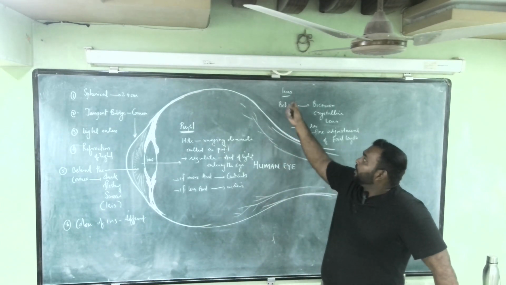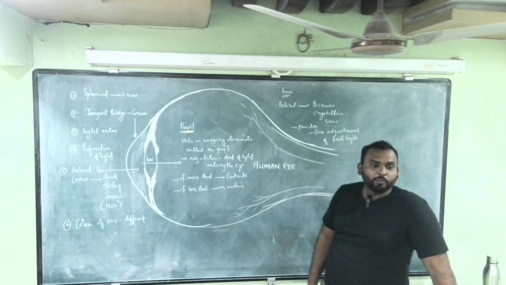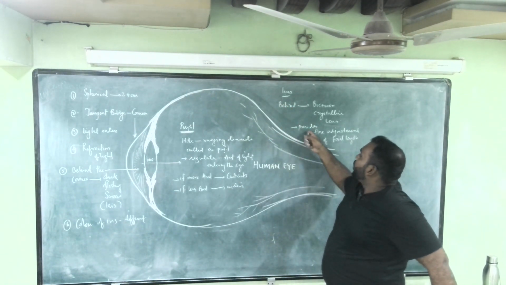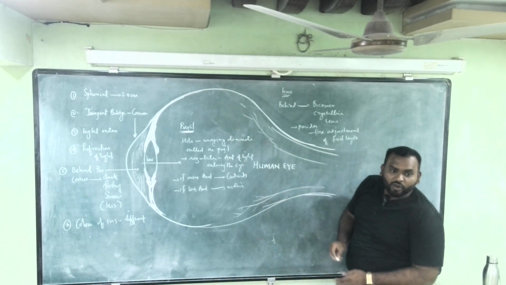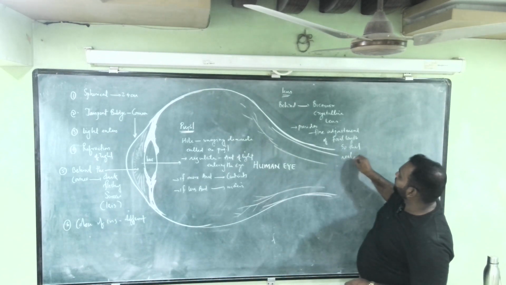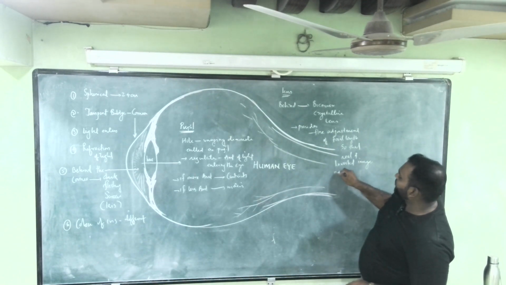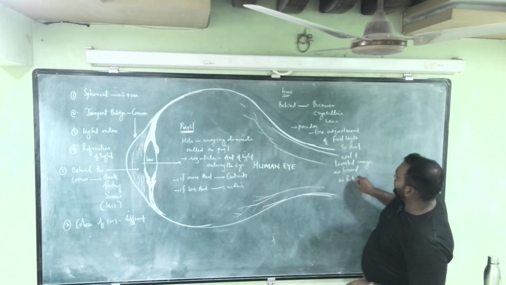So what is the purpose of lens which is behind the pupil? The lens provides fine adjustment of focal length so that real and inverted images are formed on the retina. You got this?